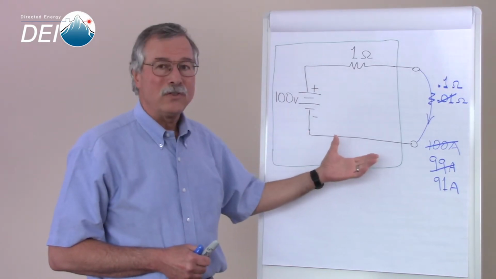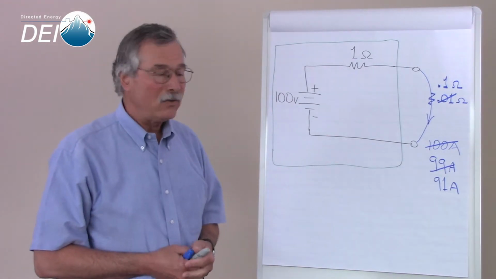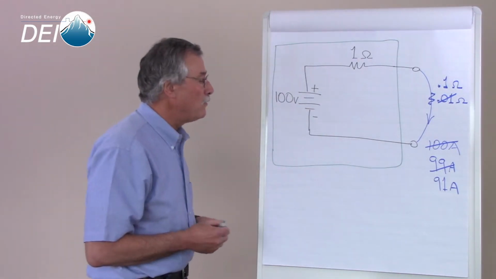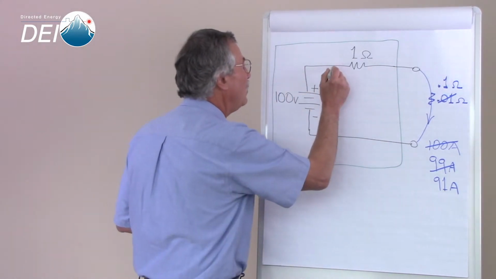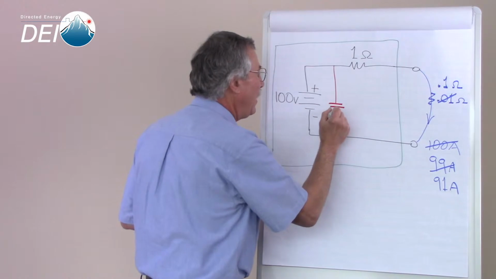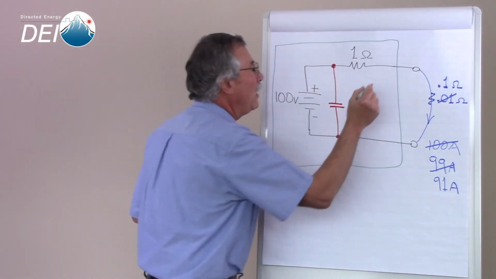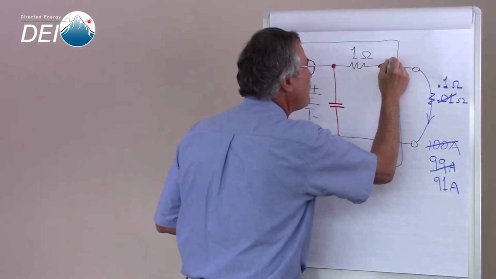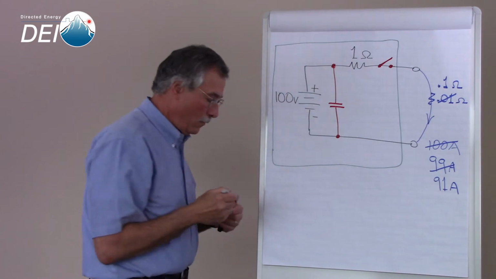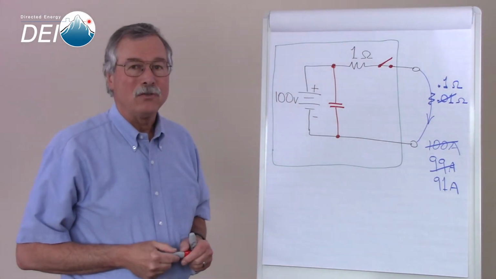Fortunately, we don't always need continuous or CW energy going through our laser diode, so there's a couple of things we can do. For one thing, we can install a capacitor across our power supply, and we can install a switch in series with our output, which means we now will generate pulses rather than CW current.